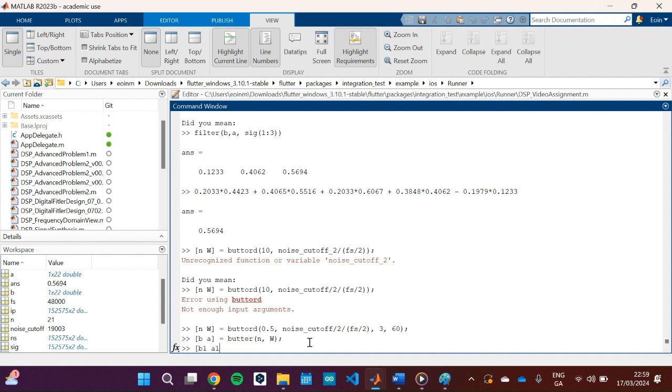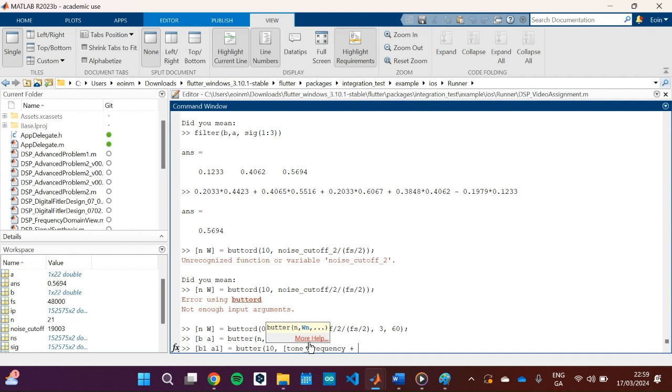Because it's another filter, we need a new set of B and A coefficients. So call them B1 and A1. That's going to be equal to butter. I'll let N equal 10, just to show a high order first, and then if that's not stable, I'll bring it down.